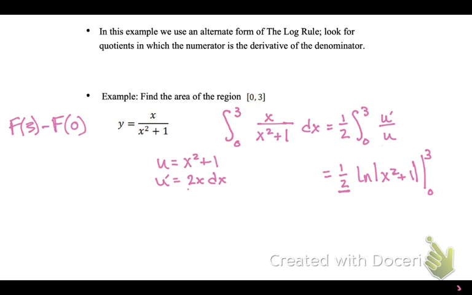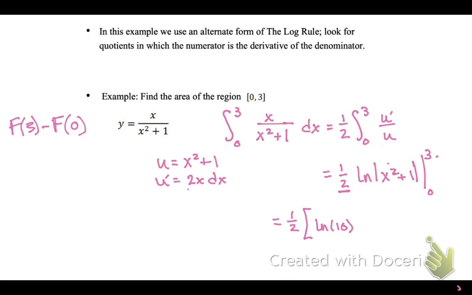So I'm going to have 1/2, and then I have to plug in 3. So 3 squared plus 1 would be 10. And I don't need the absolute value anymore because it's a positive 10, correct?